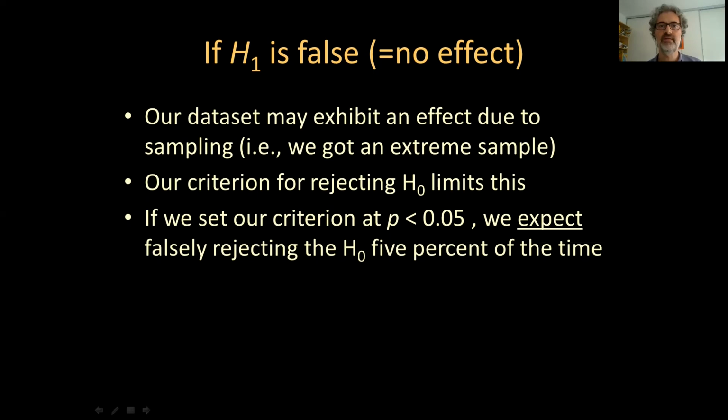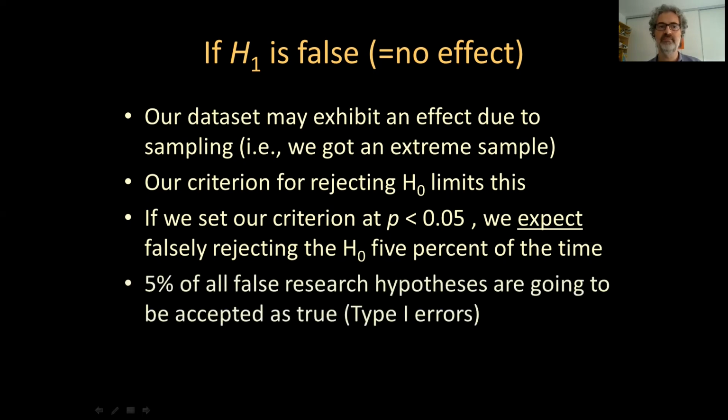But if you are rejecting the null hypothesis whenever you have obtained an effect that is less than 5% likely to have occurred by the null hypothesis, it means that 5% of all false research hypotheses are going to be accepted as true. 5% of all true null hypotheses are going to be rejected because that's your criterion.